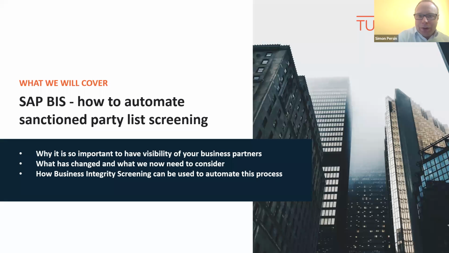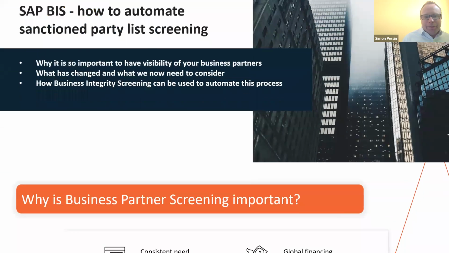So once we've looked at those two business problems, the as is and what's changed, we'll then start to take a little bit of a look as to how the SAP platforms allow us to do that more automatically and more collectively to manage the business risk more appropriately. So without further ado, let's get into the actual topic.